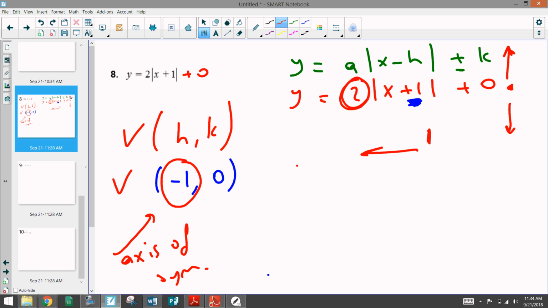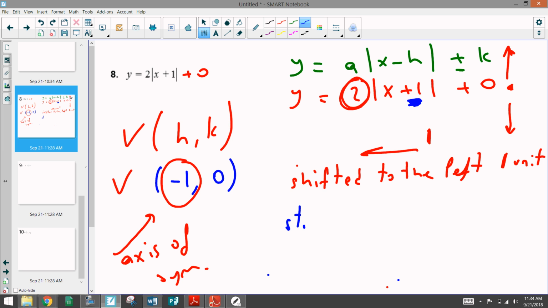There is no vertical shift. We do have a horizontal shift. Shifted to the left one unit. Stretched by the factor of 2.